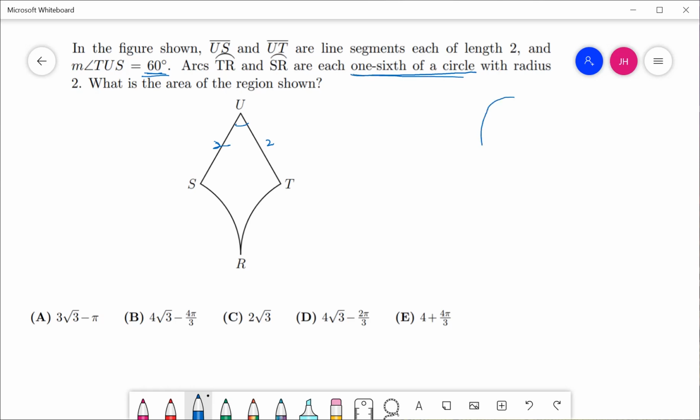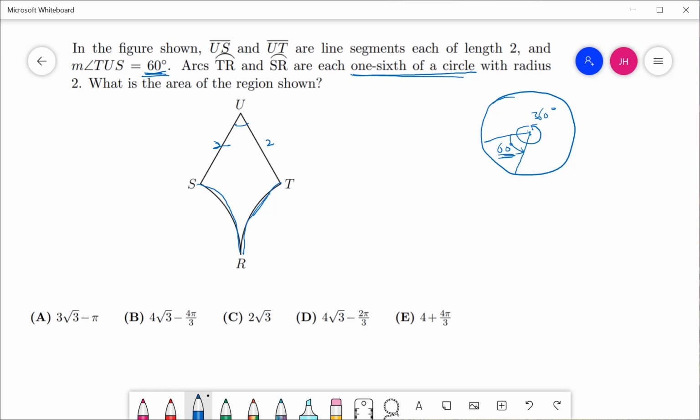If we have a full circle, the central angle of a full circle is 360 degrees. And 1/6 of a circle has got to be 60 degrees. Does this number sound familiar? We have a 60 here, and actually two 60s here. One for arc TR, this arc, and one for this arc SR.